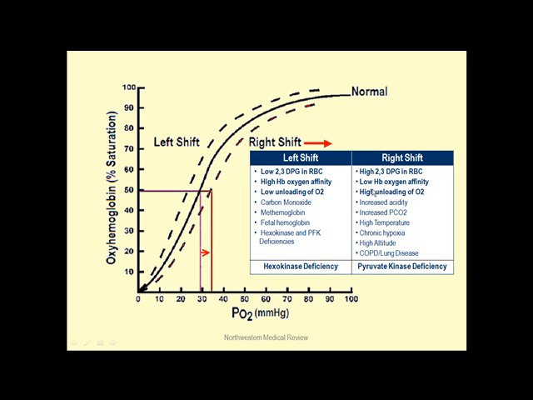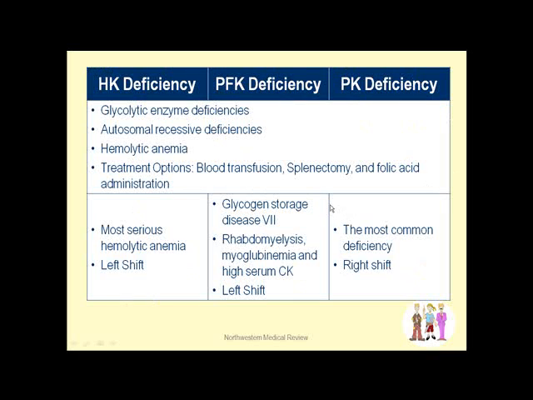On the other hand, the diametric opposite of most of these conditions causes a left shift: low 2,3-diphosphoglycerate in the red cells, high hemoglobin oxygen affinity, low unloading of the oxygen, carbon monoxide poisoning, methemoglobinemia, fetal hemoglobin, and of course the 2 enzyme deficiencies of hexokinase and phosphofructokinase.